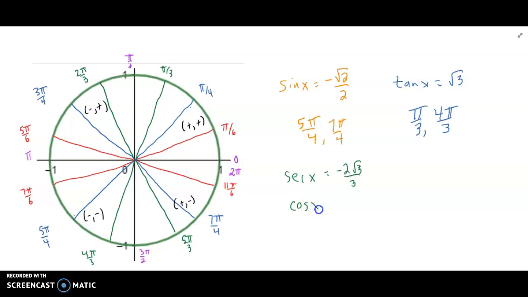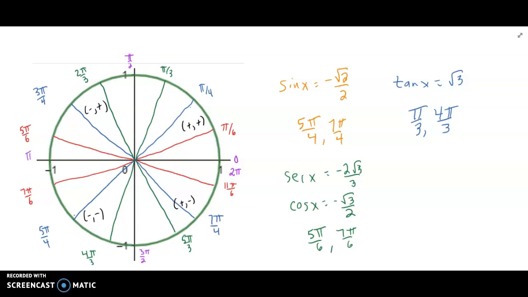So what I'm really looking for is where the cosine is equal to negative root 3 over 2, because that's the reciprocal of secant. Cosine will be negative in quadrant 2 and in quadrant 3, and the root 3 over 2's occur at the pi over 6's. So my answer, again two solutions, is 5 pi over 6 and 7 pi over 6.